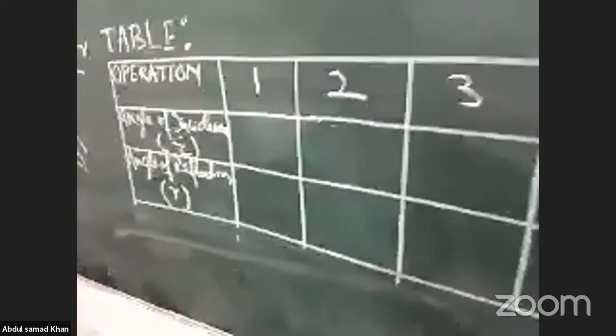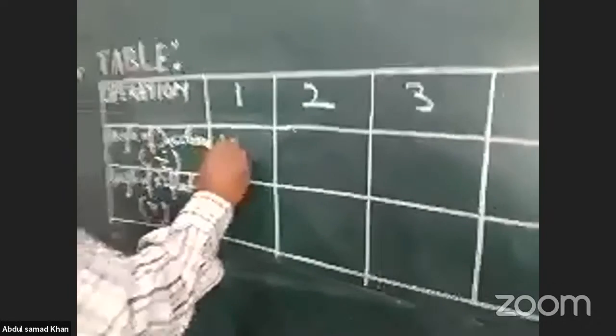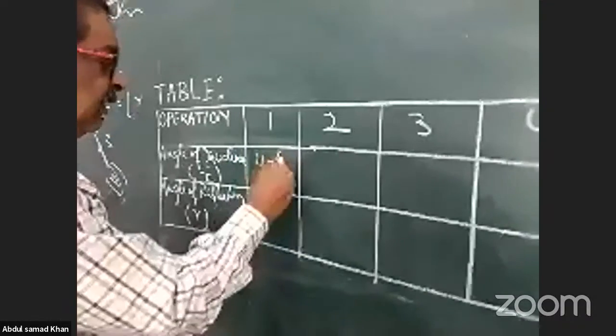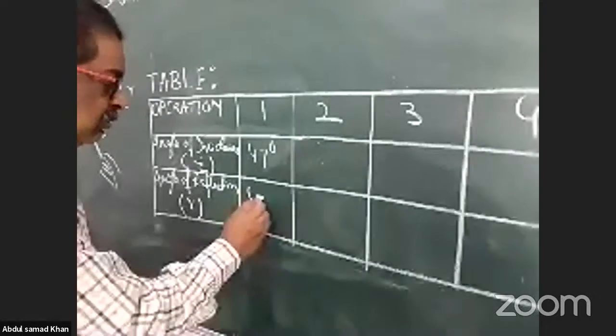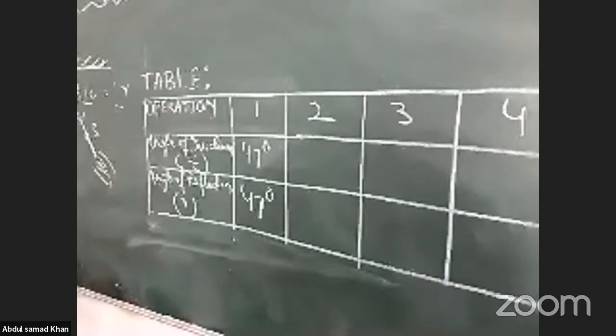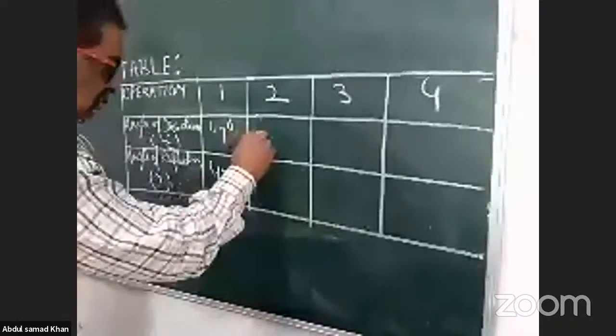I have to write down in the table. The first one I drew, this 47. Angle of incidence is 47 degree. How much was the angle of reflection I got? 47 degree. The second one I drew is 50 degree, and the angle of reflection is also 50 degree.